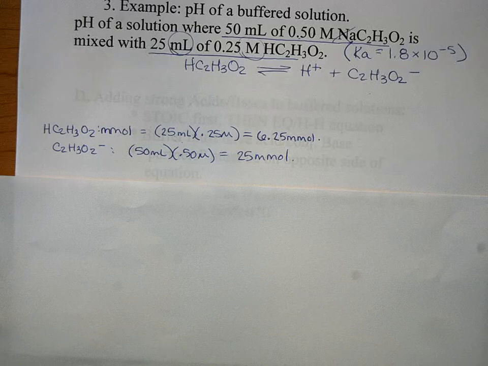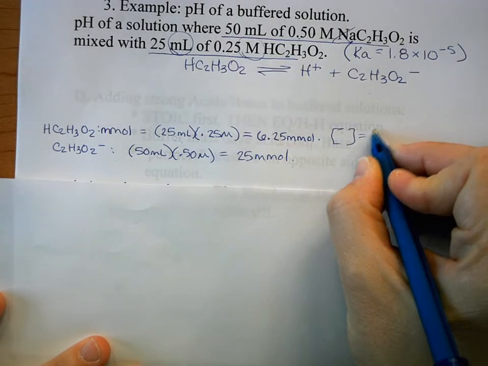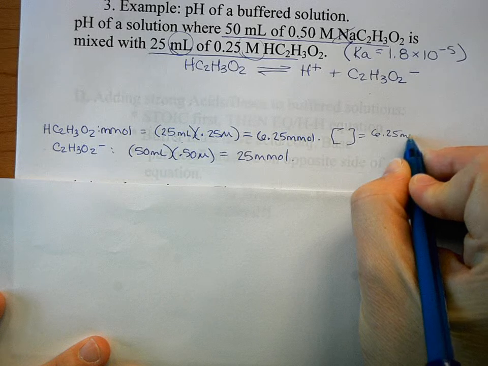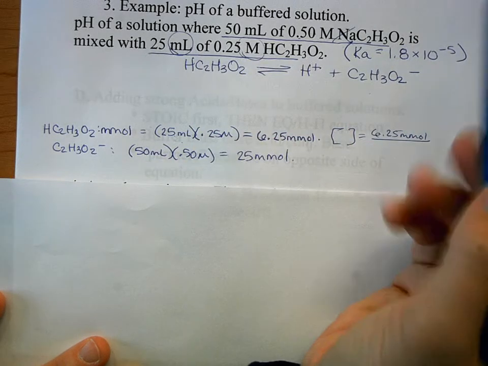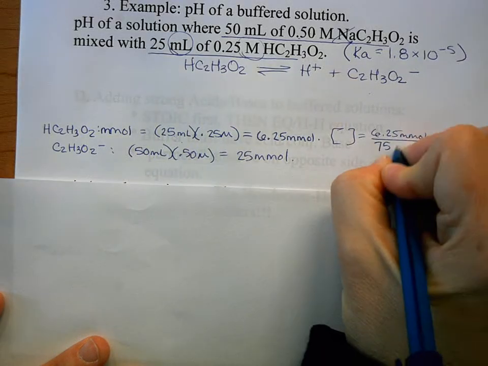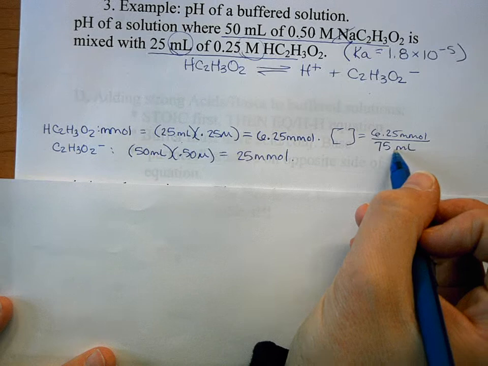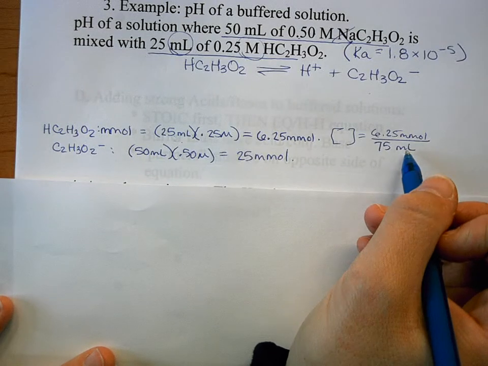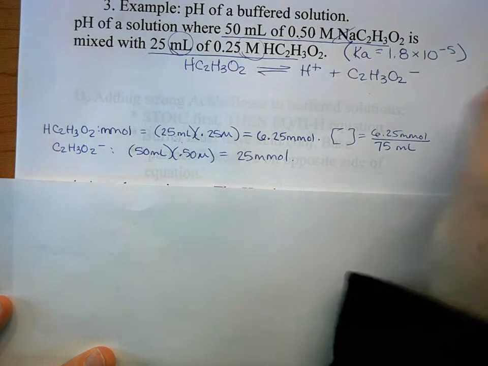If I want concentration, I take my 6.25 millimoles and divide it by my total milliliters of solution. 50 plus 25 is 75 milliliters. That's why I can work in millimoles: millimoles divided by milliliters gives the same answer as moles over liters, which is still my molarity.